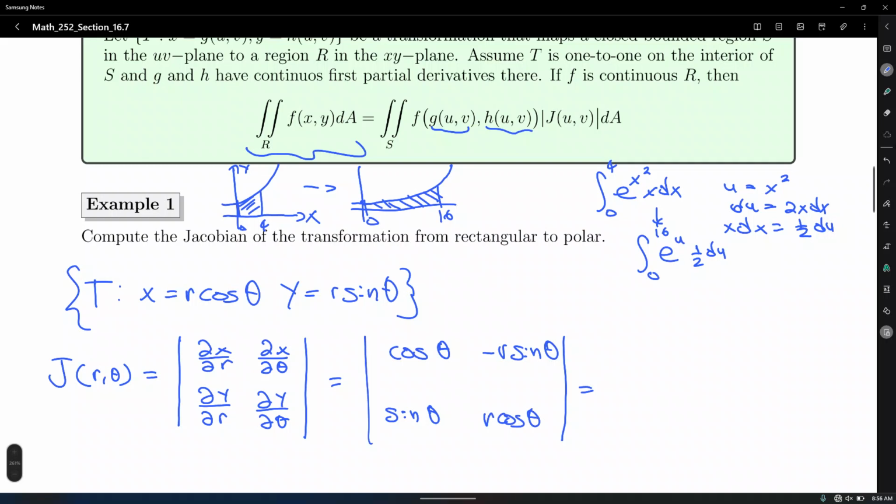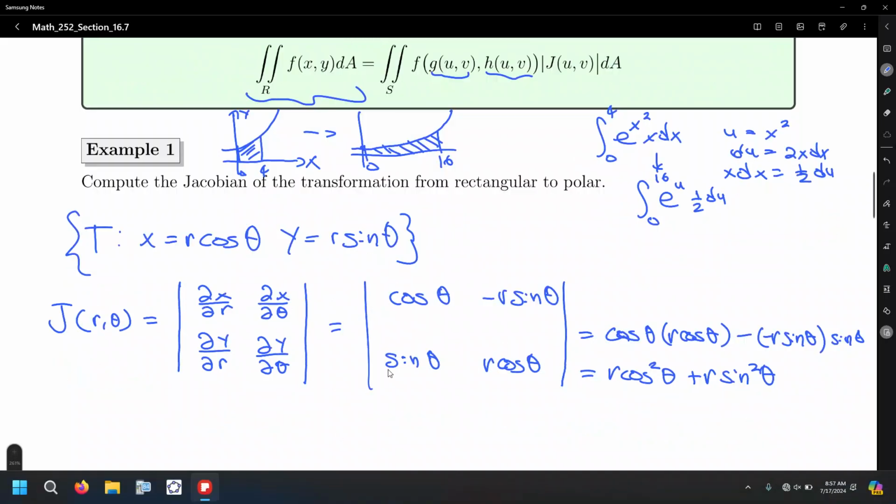Product of the elements along the main diagonal, that means cosine theta times r cosine theta minus negative r sine theta times sine theta. Okay? What is that going to give us? Oh, check this out. R cosine squared theta, minus minus becomes plus r sine squared theta.